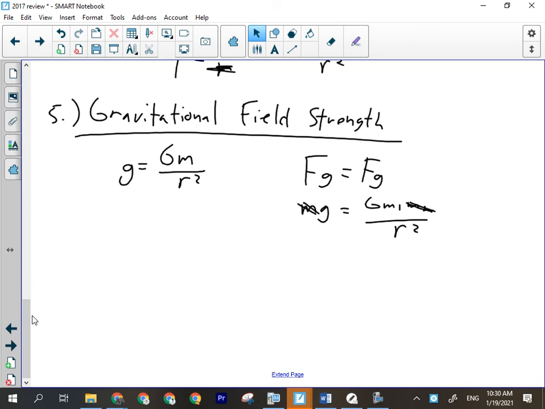Then we got a couple of simple harmonic motion questions. Again, just the principles of simple harmonic motion. Then 3 questions about wave behavior.